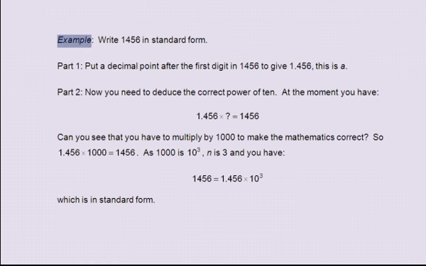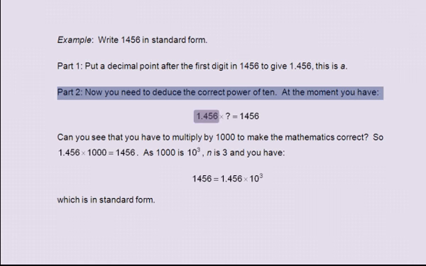For example, write 1456 in standard form. Part 1. Put a decimal point after the first digit in 1456 to give 1.456. This is a. Part 2. Now you need to deduce the correct power of 10. At the moment you have 1.456 multiplied by some power of 10 equals 1456.